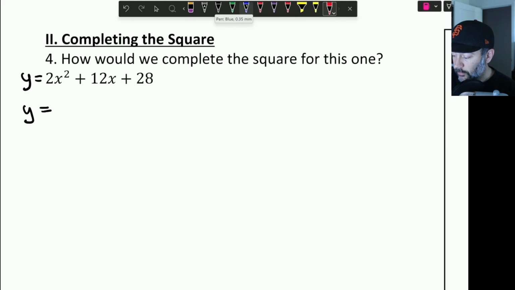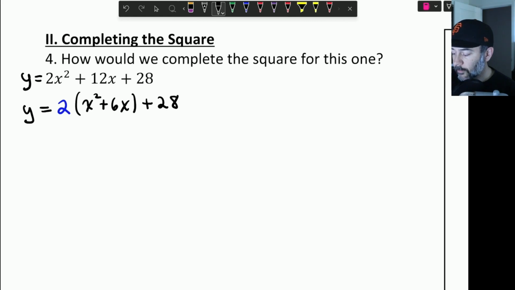So first things first, we need to factor that 2 out. And what I recommend is just factoring the 2 out of the 2 terms with x. So factor out of the x squared term and out of the x. And watch, what's left is x squared plus 6x. And I left the 28 on the outside.